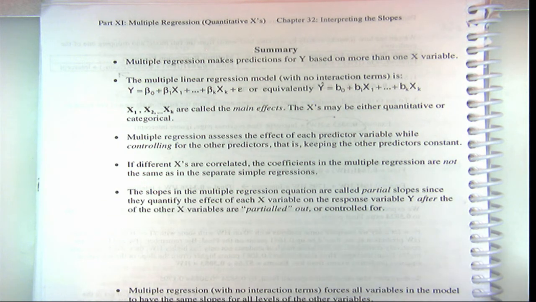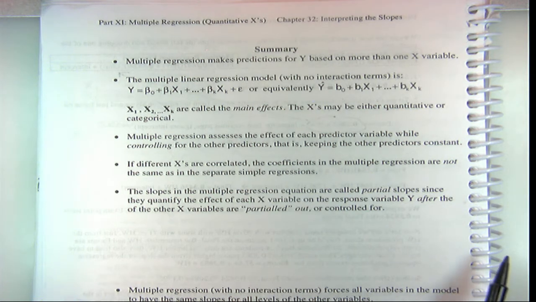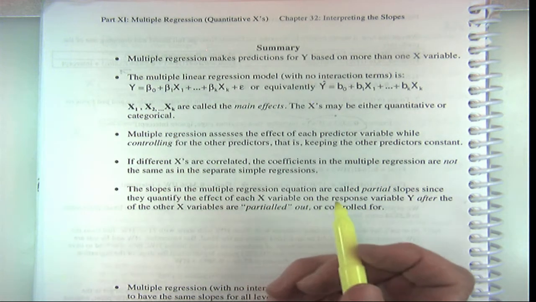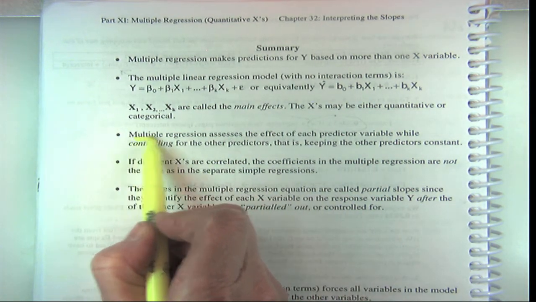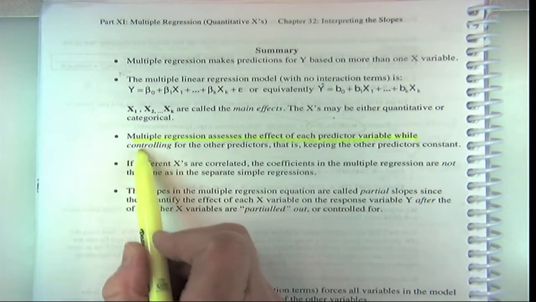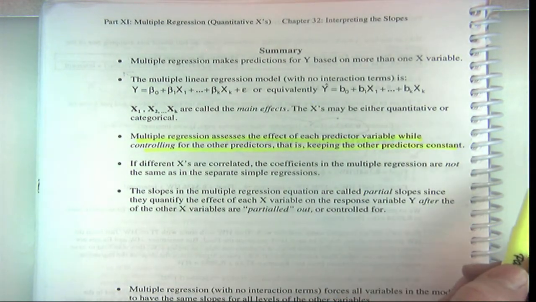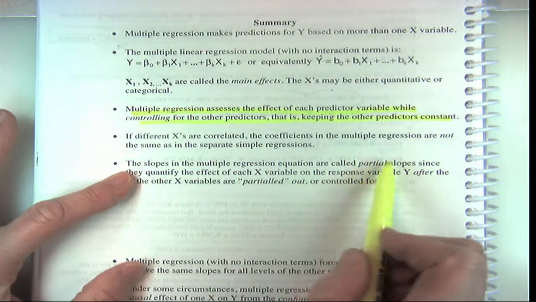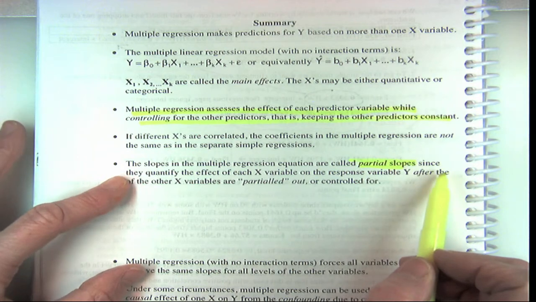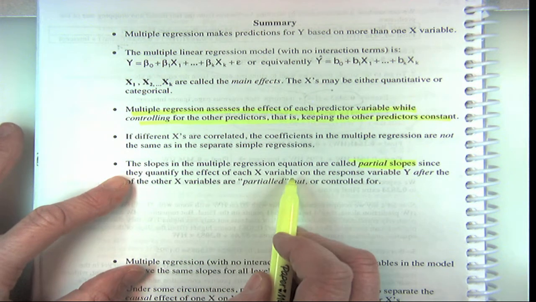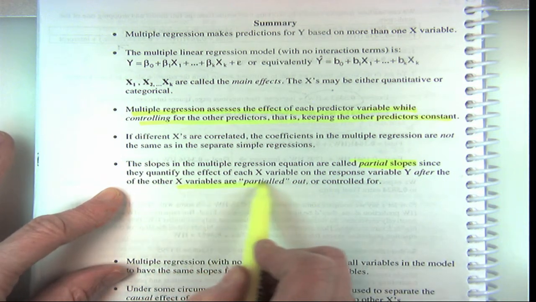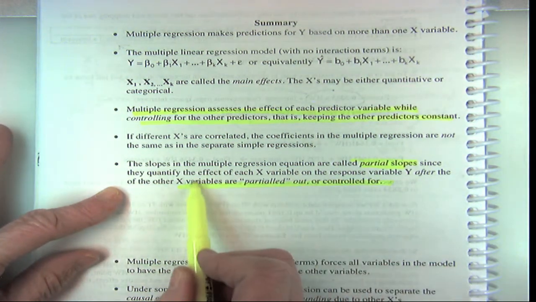And now, just to sum up, let's see what we want to remember here. Probably all of it. So this is important: multiple regression assesses the effect of each predictor variable while controlling for the other ones. The slopes in the multiple regression equation are called partial slopes, since they quantify the effect of each x variable on the response variable after the other x's have been controlled for.